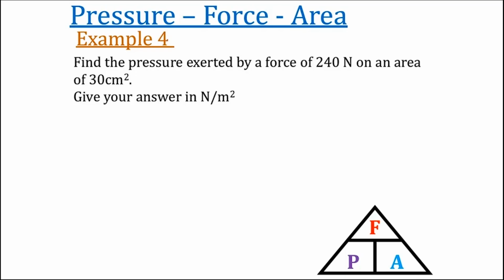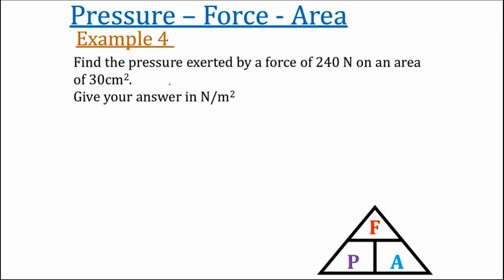Okay, example number 4. Now this is a bit difficult one, not so difficult. If you remember the second slide: find the pressure exerted by a force of 240 newtons on an area of 30 centimeters squared. Give your answer in newton per meter square.